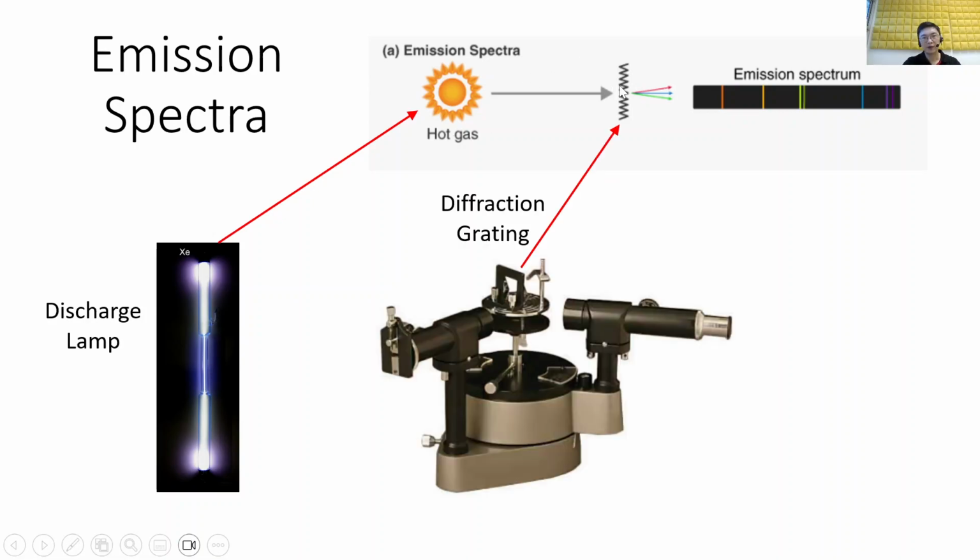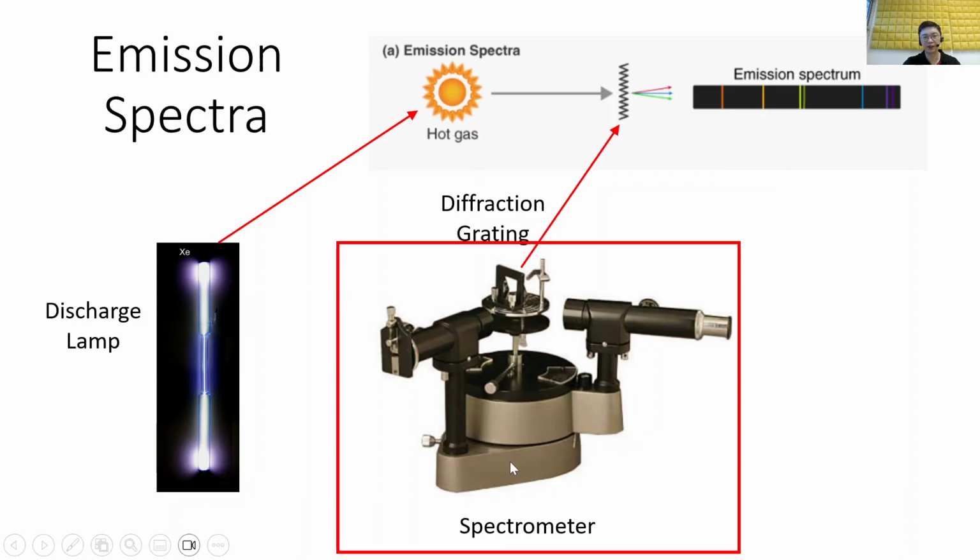Then you have this jiggly line, which is basically a diffraction grating. So do take note that in the lab, we give you this whole setup, right? And the diffraction grating is basically just this part in the middle. The whole thing is actually called the spectrometer.